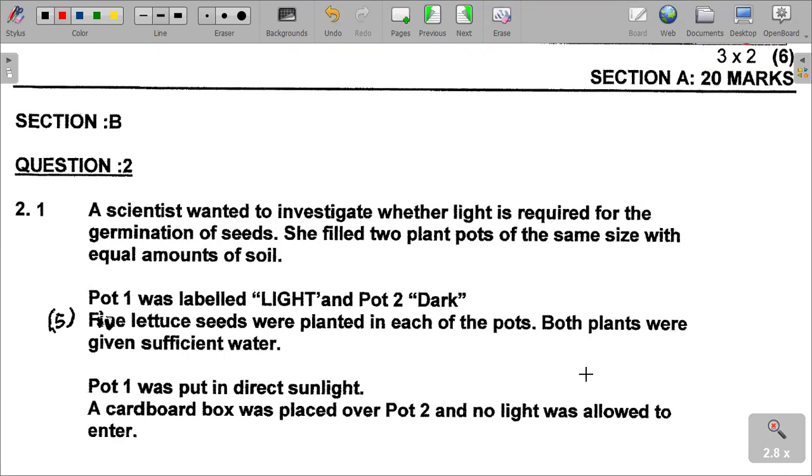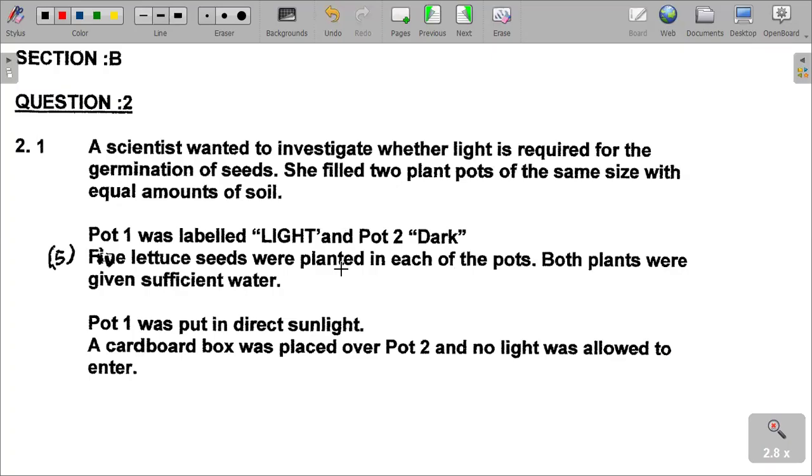Section B, question 2. The question is saying scientists wanted to investigate whether light is required for the germination of seeds. She filled 2 plant pots of the same size with equal amounts of soil. Pot 1 was labeled light and pot 2 was labeled dark. 5 lettuce seeds were planted in each of the pots.